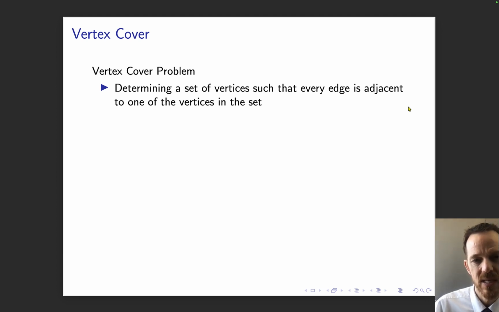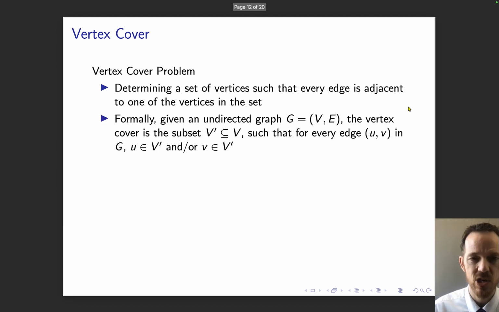What we're trying to do is determine a set of vertices such that every edge is adjacent to a vertex in the set. Formally, for an undirected graph G with vertices and edges, a vertex cover is a subset of vertices V prime such that for every edge in the graph, at least one of the two vertices at the ends of that edge is in V prime.